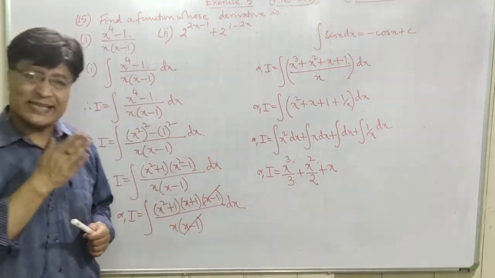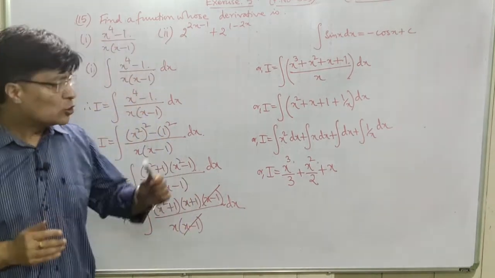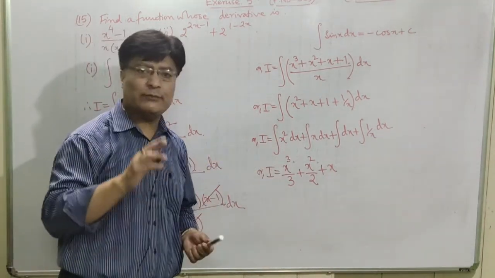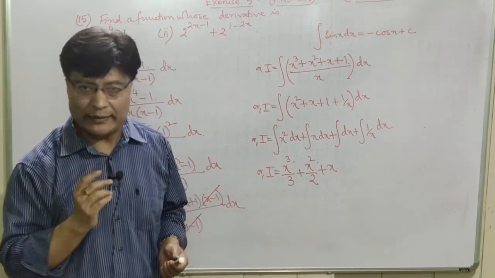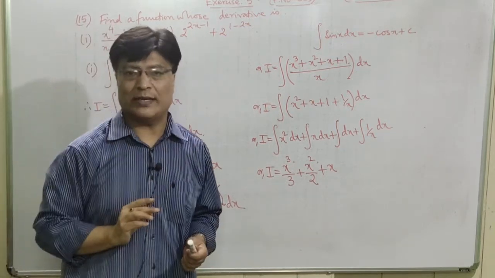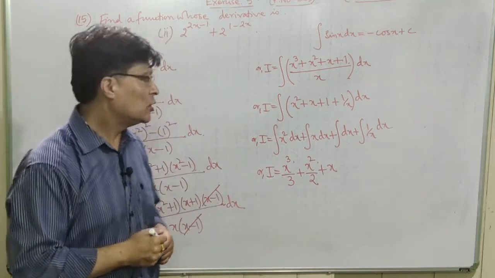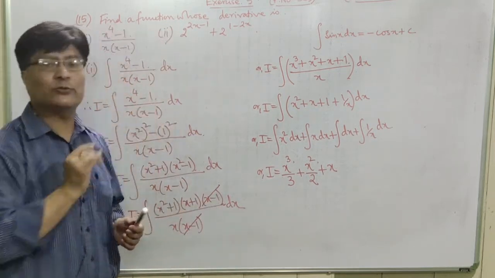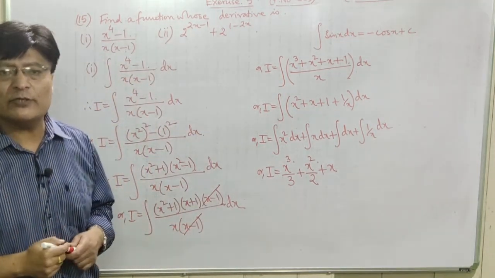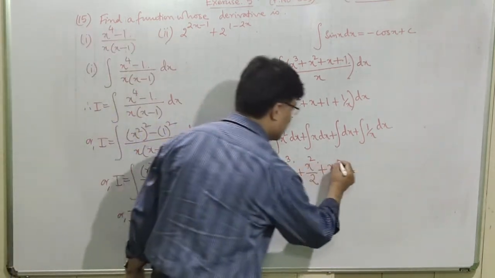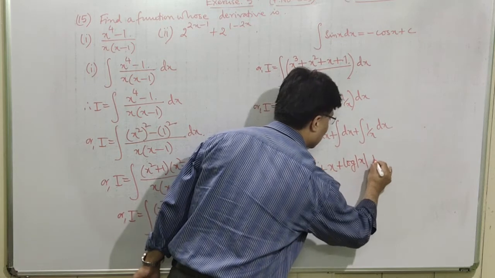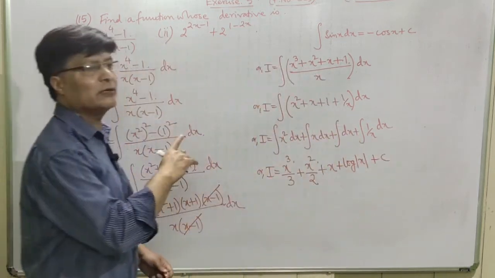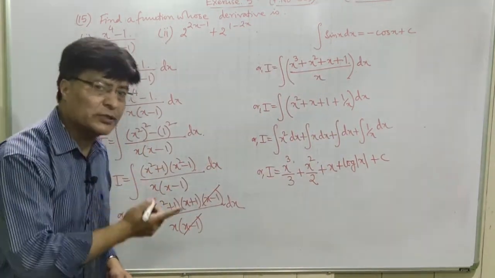Now what is integration of 1 by x? You cannot take this x to the numerator here, because if you take this x to the numerator, it becomes x to the power minus 1. This is of the form x to the power n, but n cannot be minus 1. I told you that one, isn't it? So in this case, you have to keep it as it is, that is 1 by x. Differentiation of which function is 1 by x? Log x. But this x should be written within mod sign, then you have to write plus c, because only the logarithm of a positive number is defined.